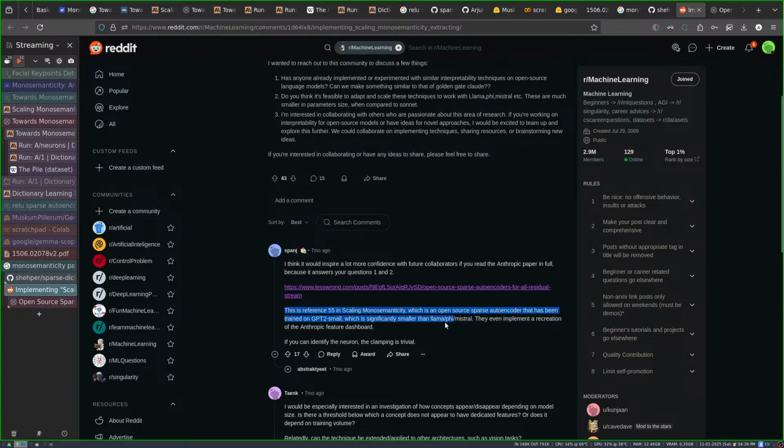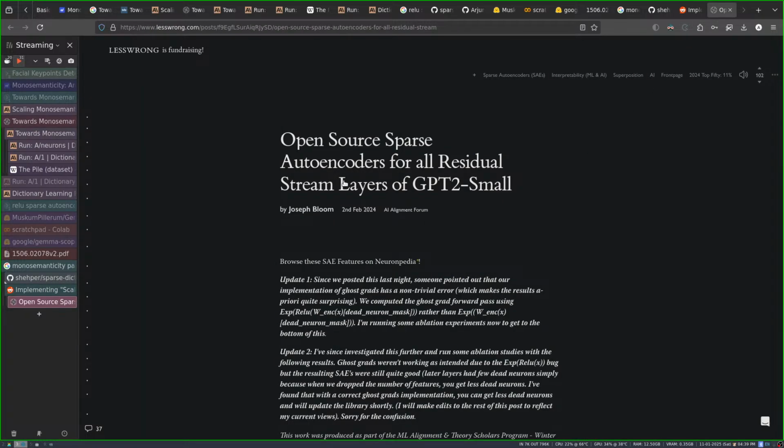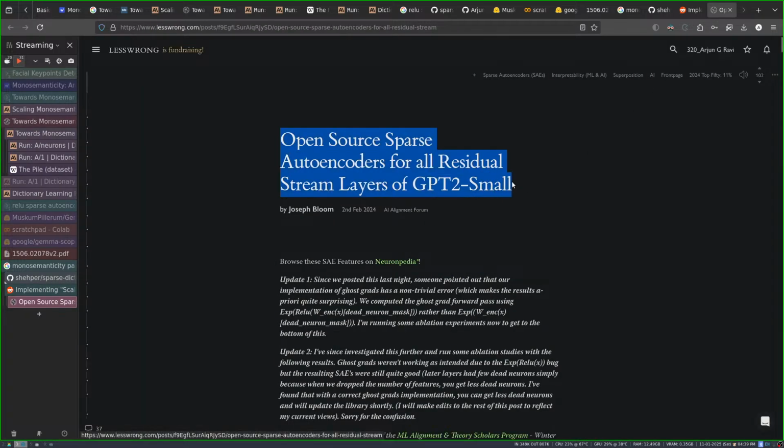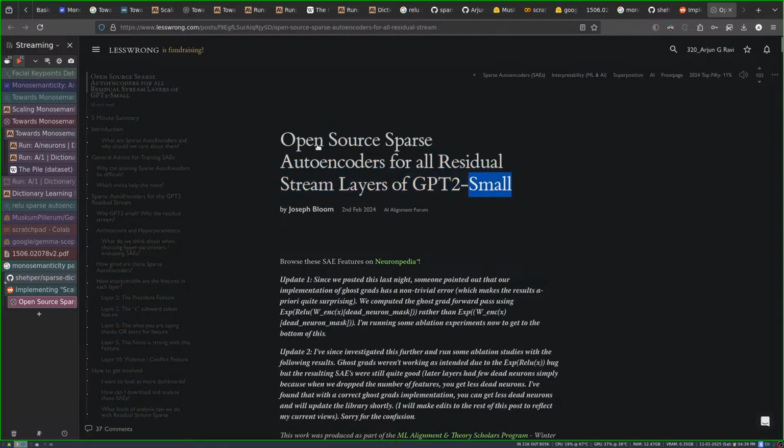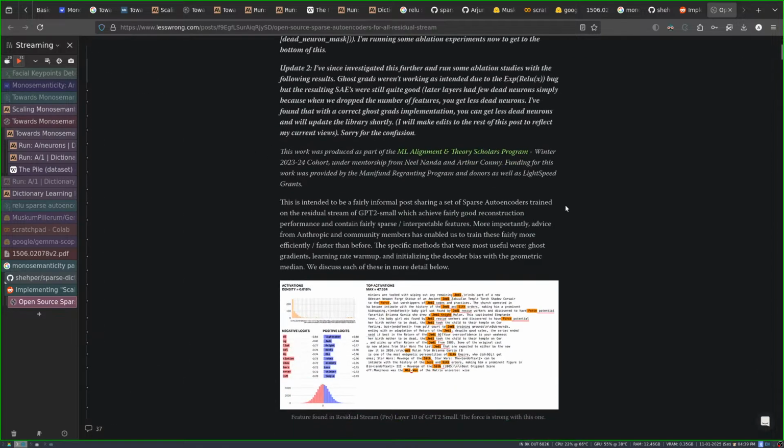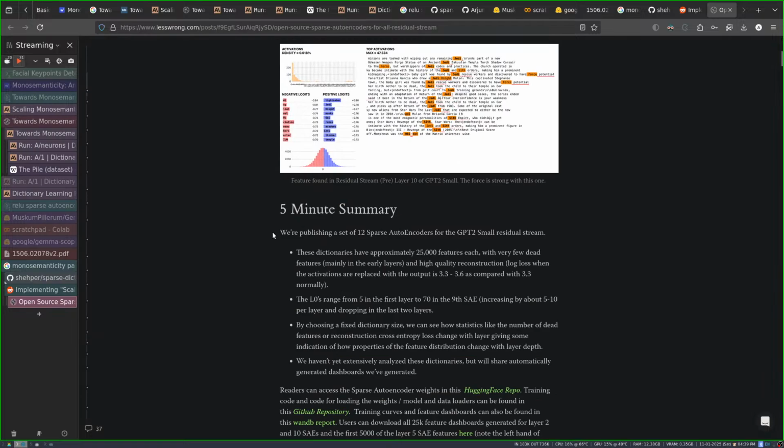They even implement a recreation of the Anthropic feature dashboard. You can identify the neuron. The clamping is trivial. Give me a second.